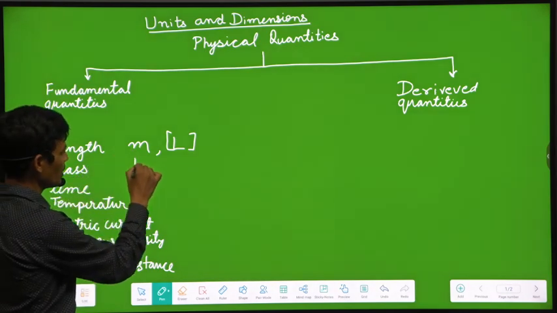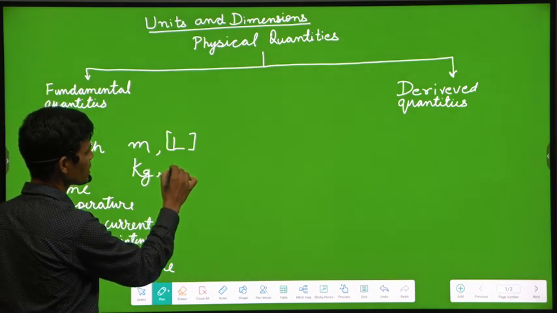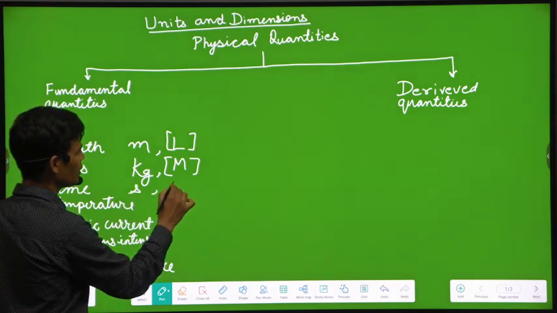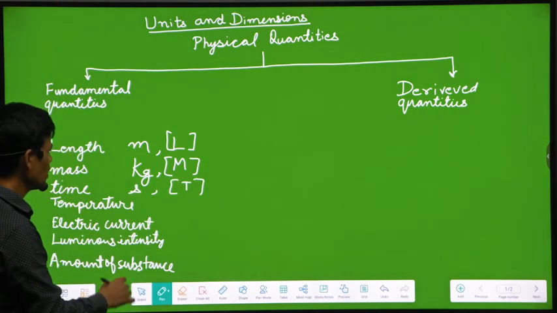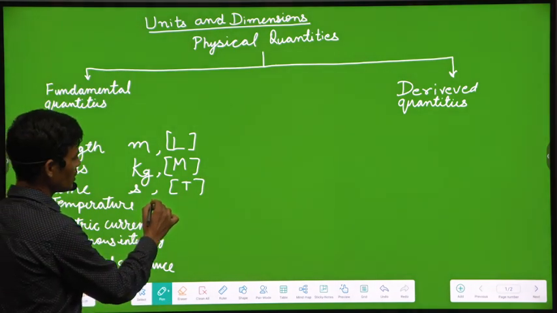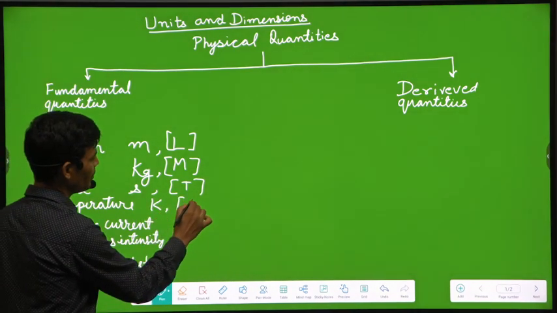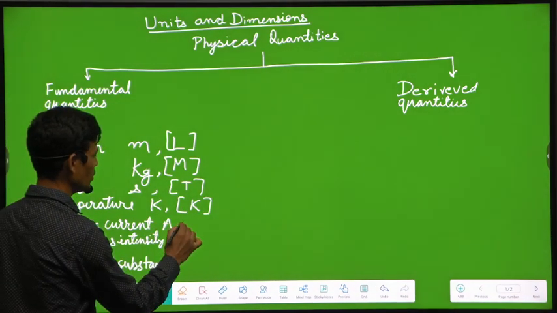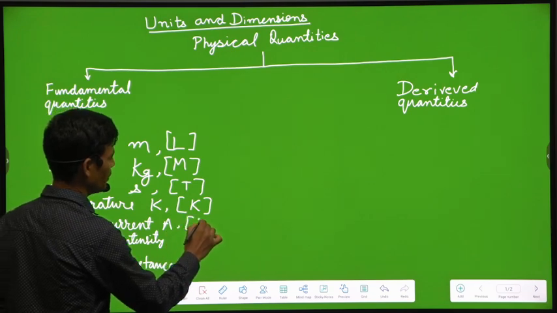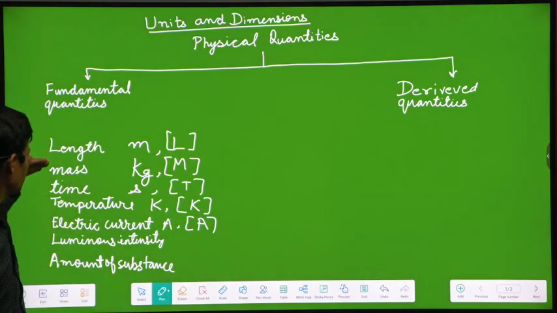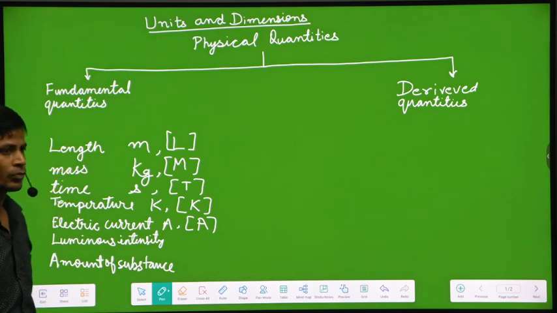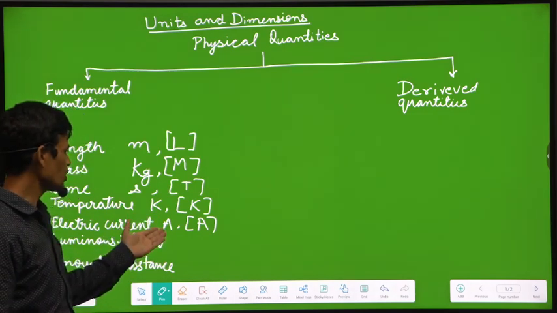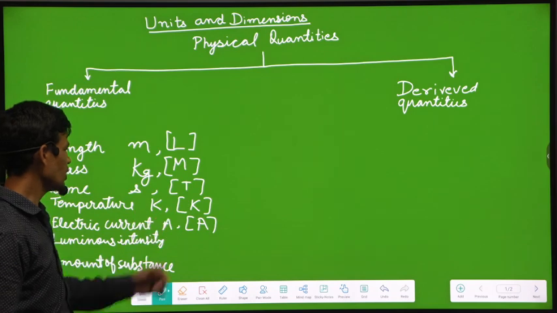Similarly, for mass, SI unit is kg and its dimension is M. Then time, SI unit is second and dimension is capital T. Then temperature, SI unit is Kelvin and dimension is also represented by K. Electric current, SI unit ampere and dimension is A. So after length, mass and time, for the rest of the physical quantities, whatever be their SI unit, the same is the representation of their dimension.